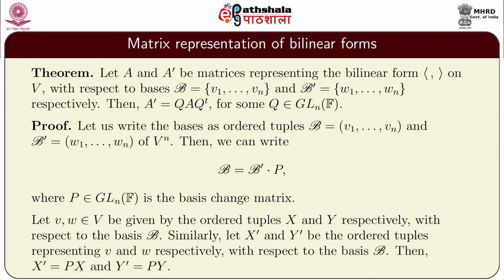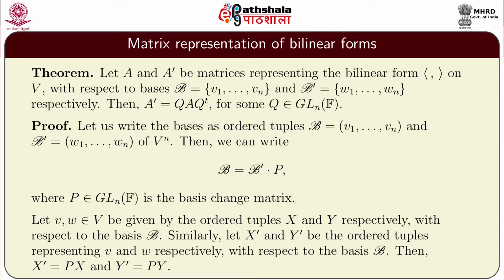Proof: if we write the bases as ordered tuples v1, v2, vn and w1, w2, wn of V, then we can write B as B dash times P, where P is in GLn(F) and that is the basis change matrix.